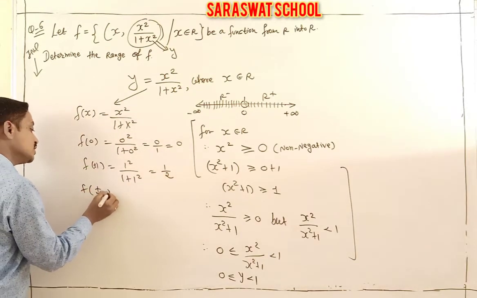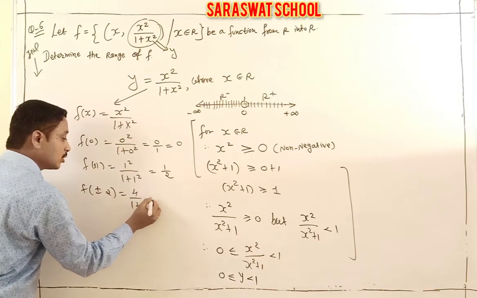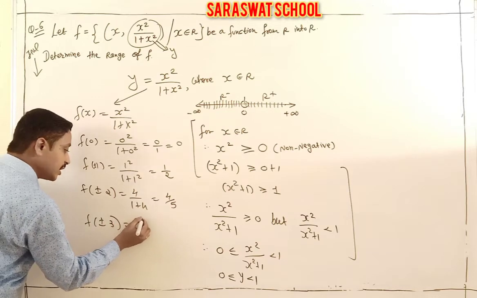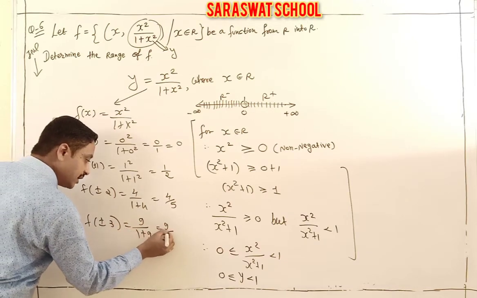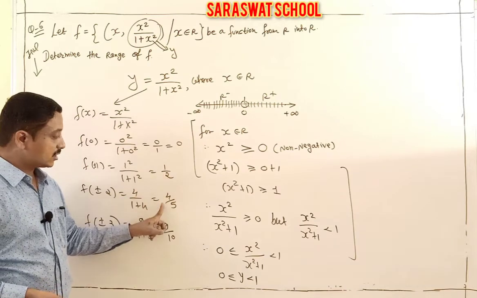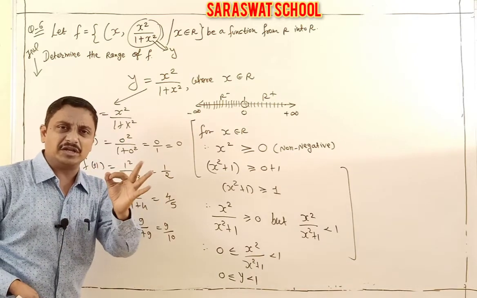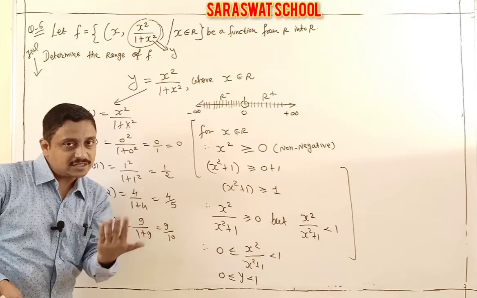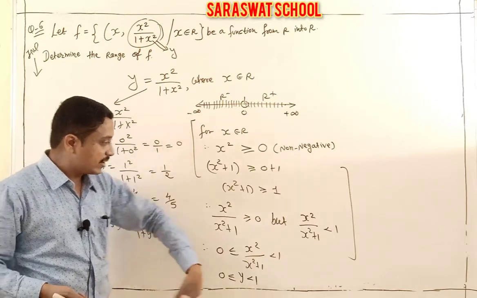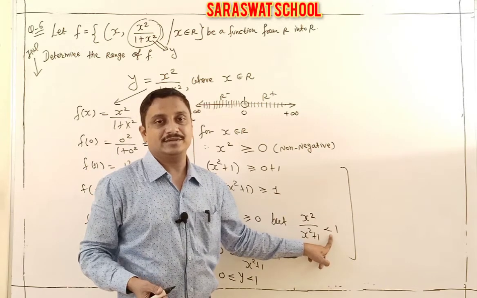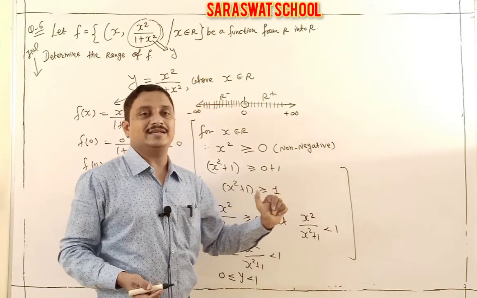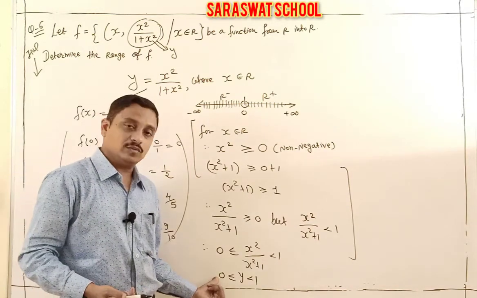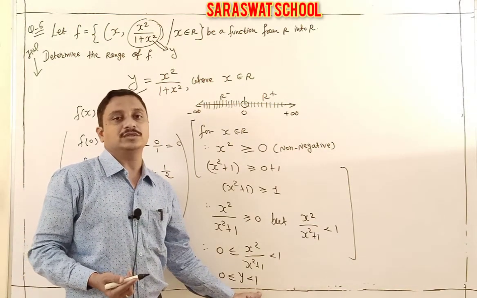If you apply plus or minus 2 then 4 by 1 plus 4, it is 4 by 5. If you apply plus or minus 3 then 9 by 1 plus 9, 9 by 10. Check. This answer is never more than 1 and not equal to 1. Always less than 1. Check. That's why I write here less than 1. Clear? Yes. It means your answer is bounded between 0 and up to 1.